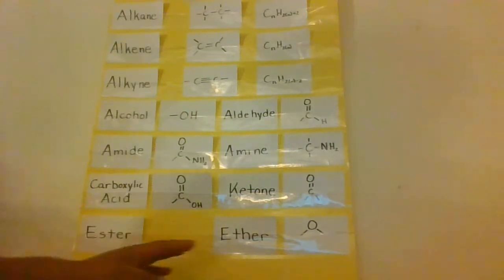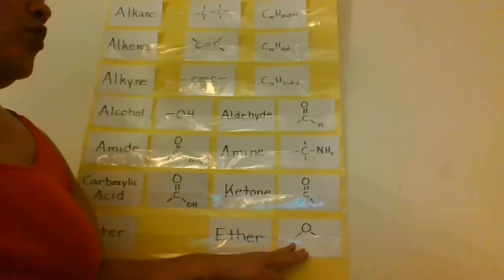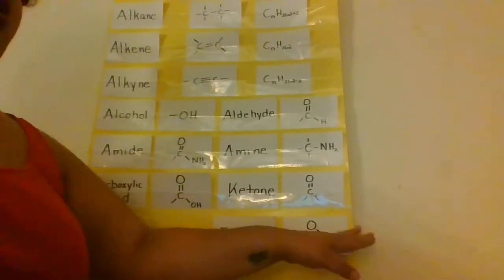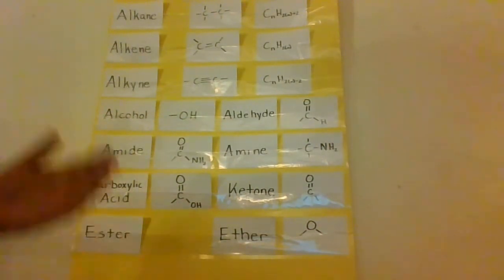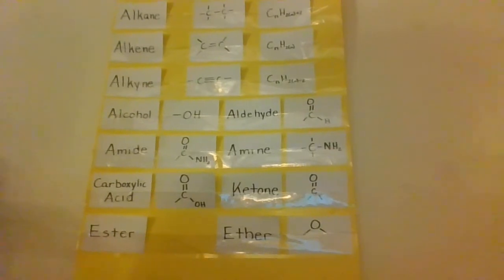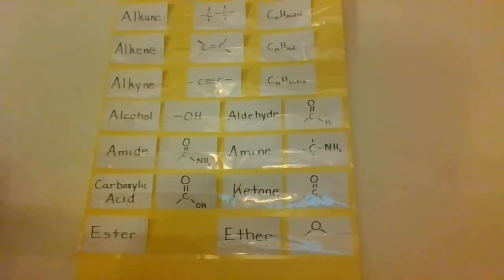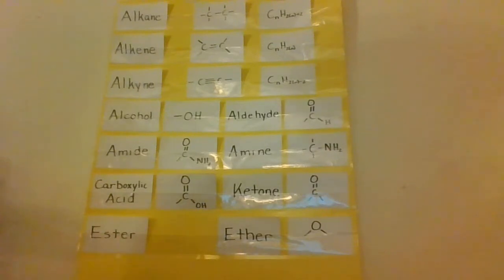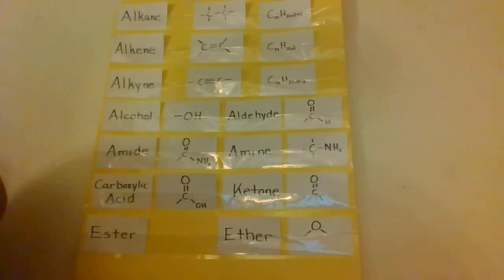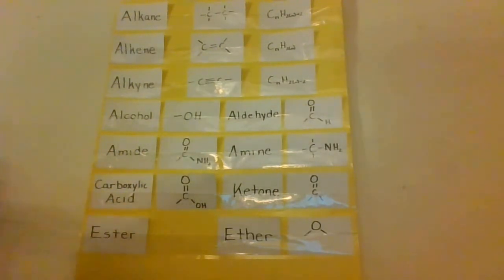And when we are naming these, our hydrocarbon runs that are attached to our ethers, we would use the appropriate prefix, and the ending for each of those groups would be YL. They would be placed in alphabetical order, and it would end with the word ether. And once again, we will be discussing that in the next installment of organic identification and naming.